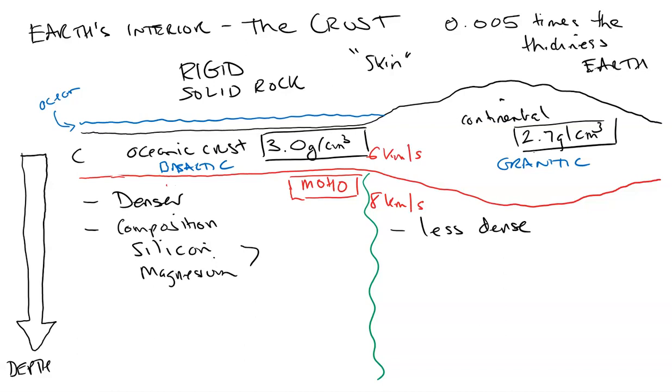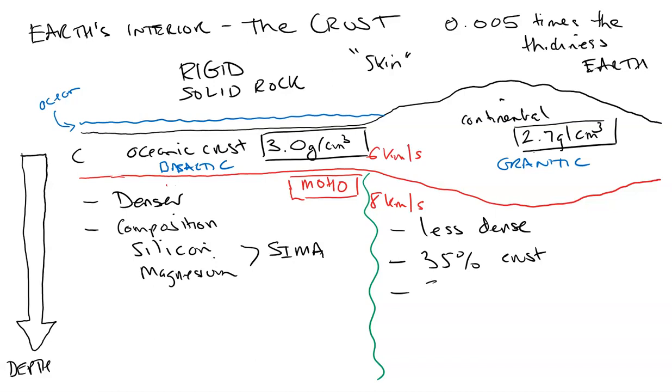Occasionally, they call this the sima part of the lithosphere, which is the oceanic crust, whereas the continental crust is basically 35% of the Earth's crust.